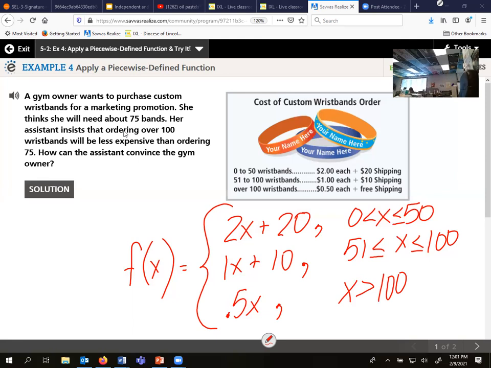So how do I show that one? 0.5x. Over 100, so x greater than 100.